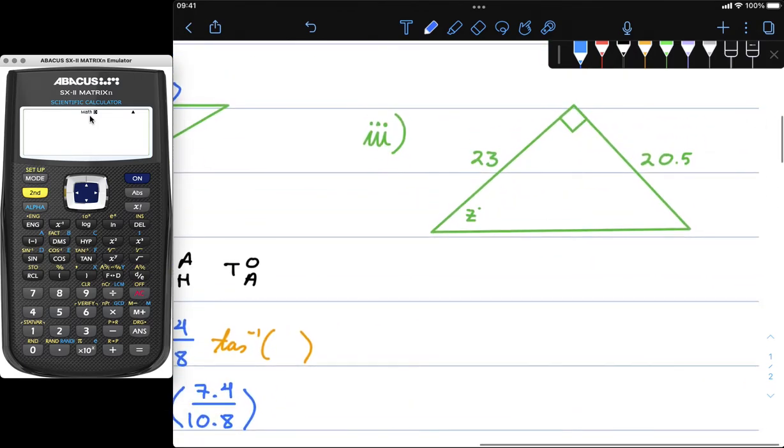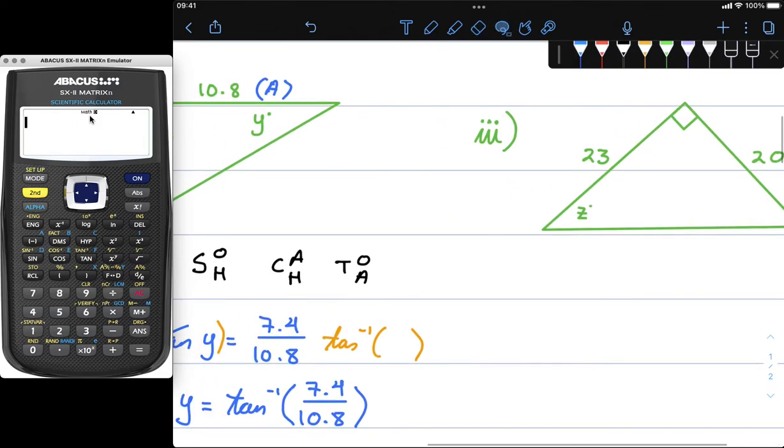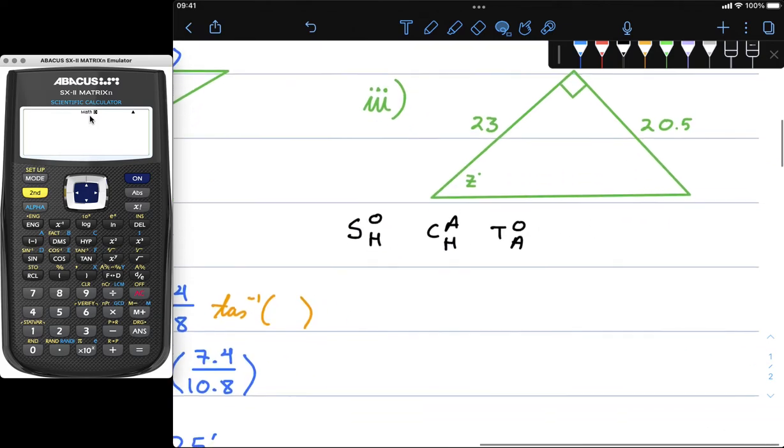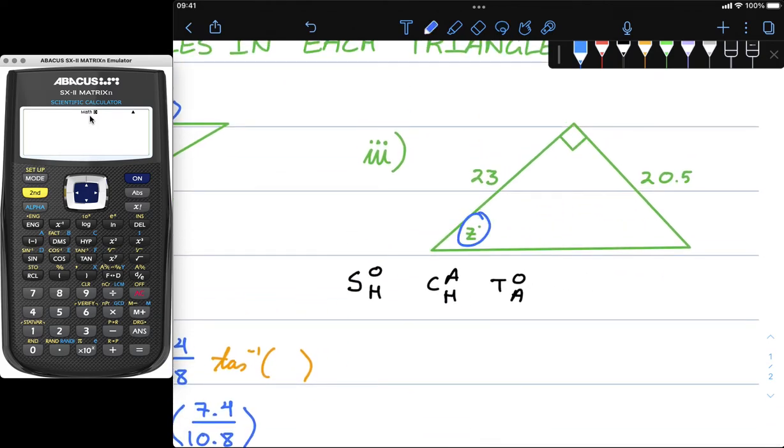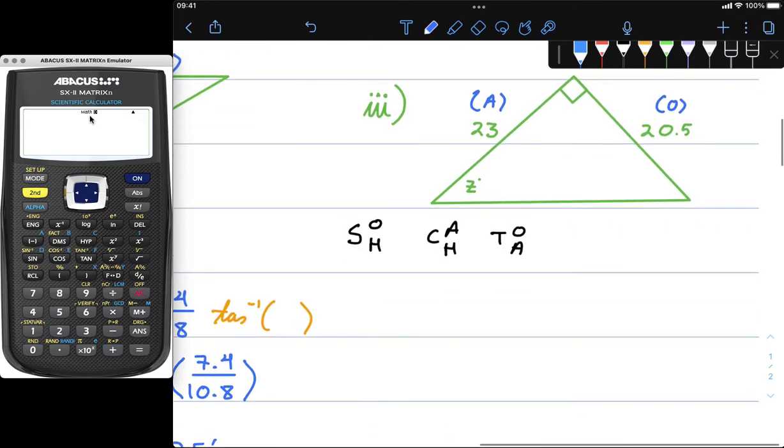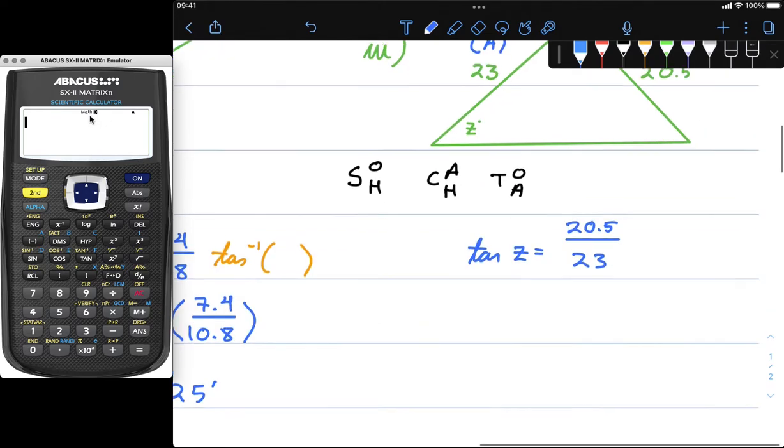Okay, go ahead and give the next one a go yourself. So figuring out, is it sine, cos, or tan? From the angle, we have the opposite. And from the angle, we have the adjacent, which is A. So that's opposite and adjacent. This is once again tan of Z is equal to 20.5 over 23.